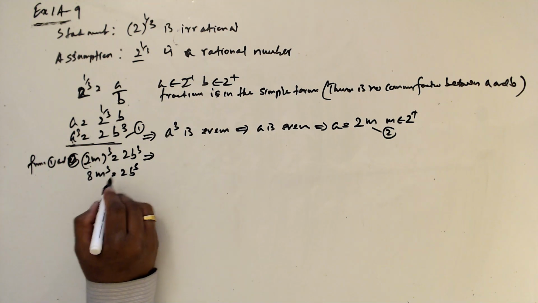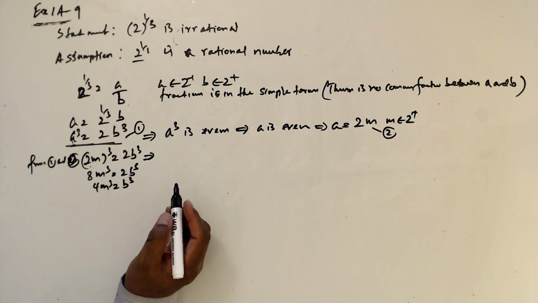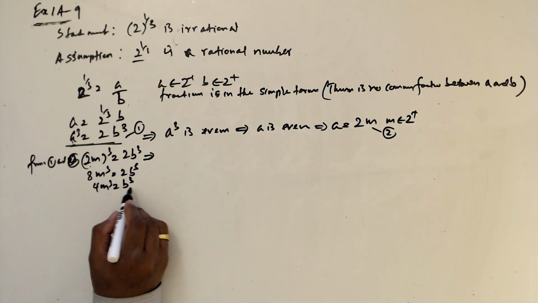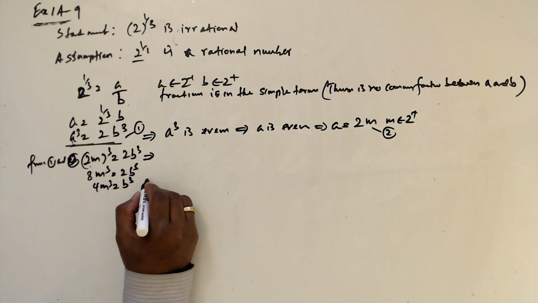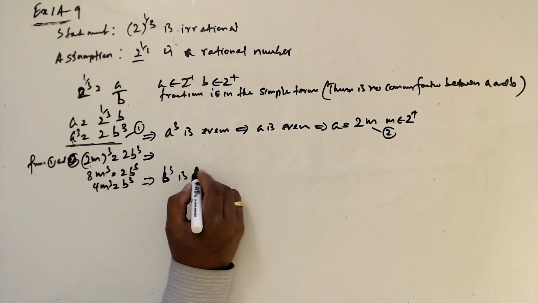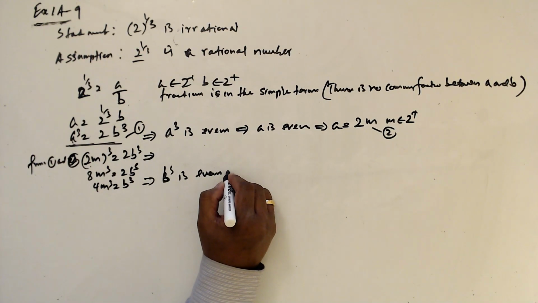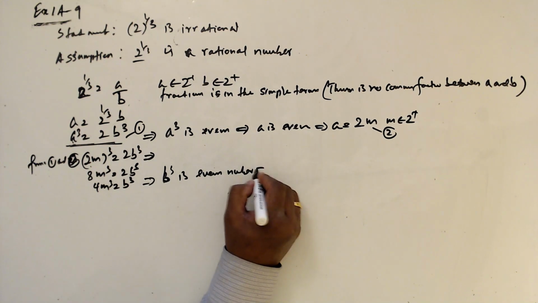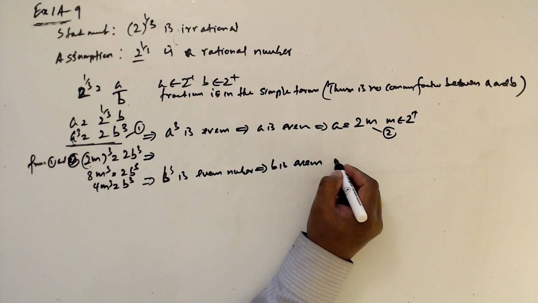So this is divided by 2: 4M cube equal B cube. Then this will imply B cube is an even number. This will imply B is even.